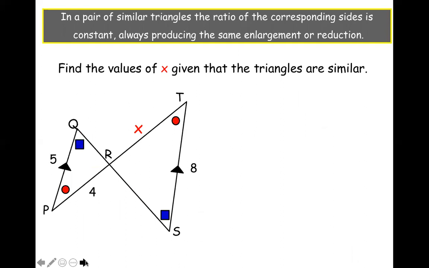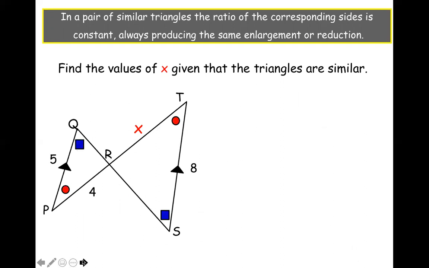Okay, so sometimes what they'll do is they'll put a Z shape like this, for example, and they ask you to find the value of one side. What you need to see straight away is that you've got what we call corresponding angles here, the red and the red, because of that Z shape, and the blue and the blue.